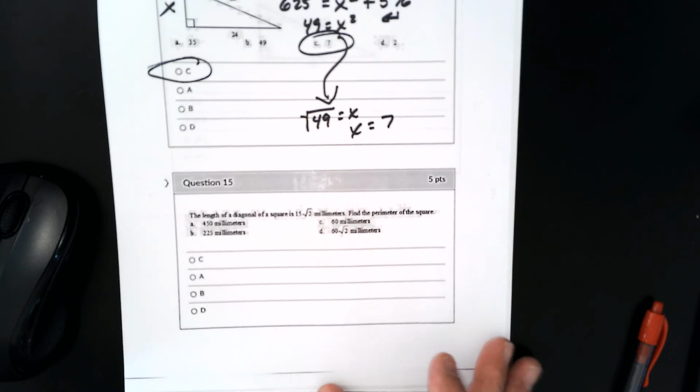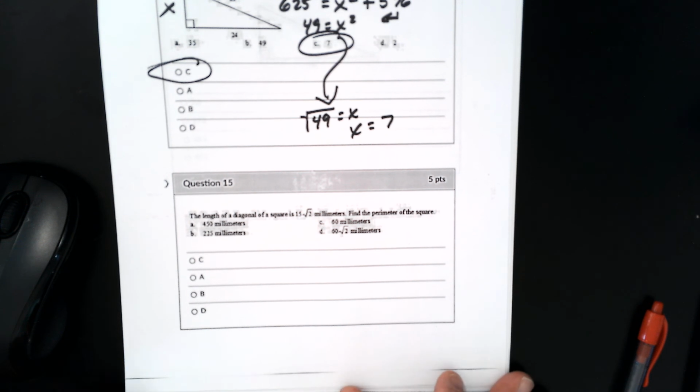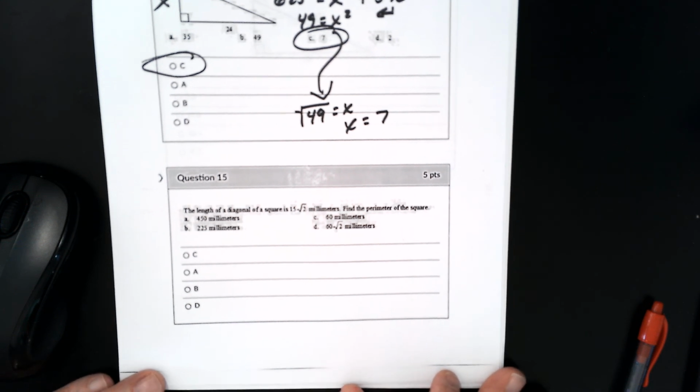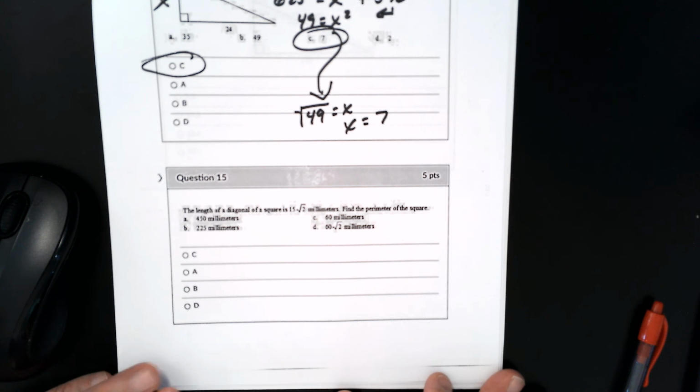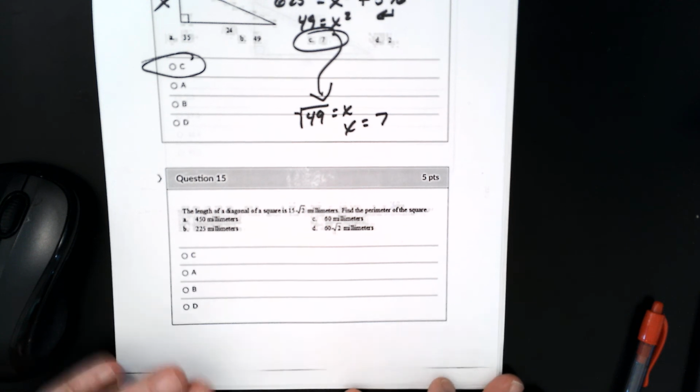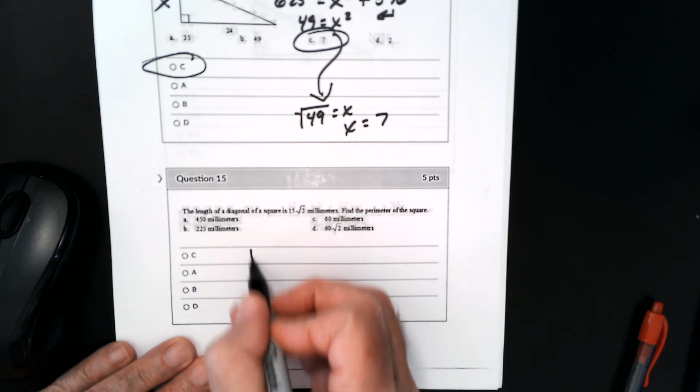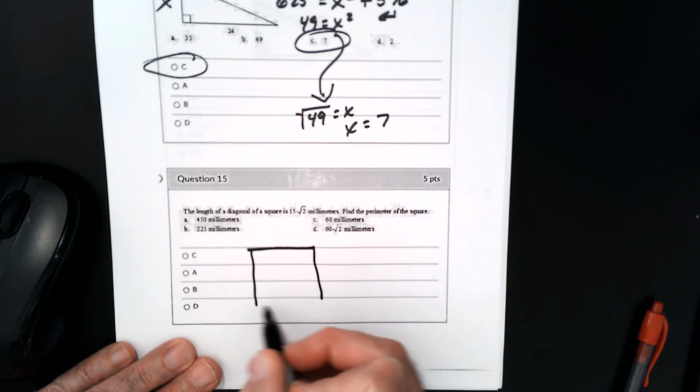All right, question 15. The length of a diagonal of a square is 15 square roots of 2 millimeters. Find the perimeter. Okay, this is similar to one we did before where we were finding the area. So this one is really easy too.